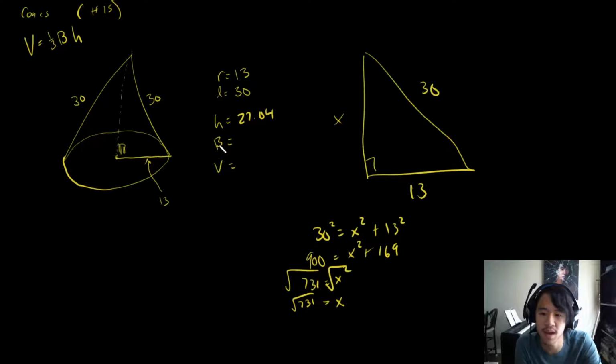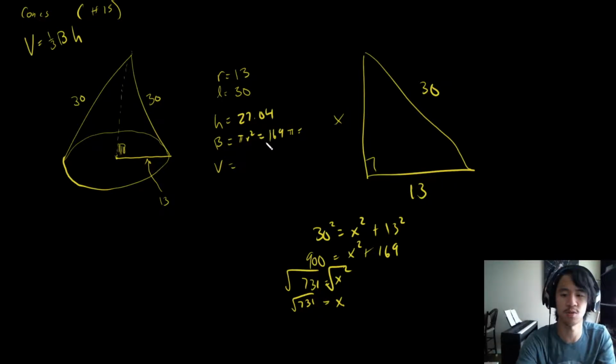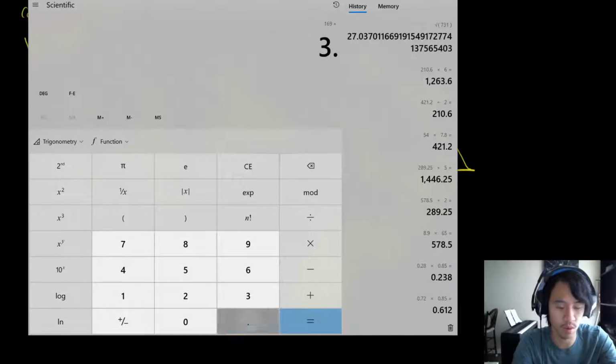All right, and we have our B, which is the area of the base. Well, that's going to be pi r squared. So r squared is 169, so this is 169 pi. And since we're already using decimals here, I'm just going to go ahead and evaluate this too. So we have 169 times 3.14.